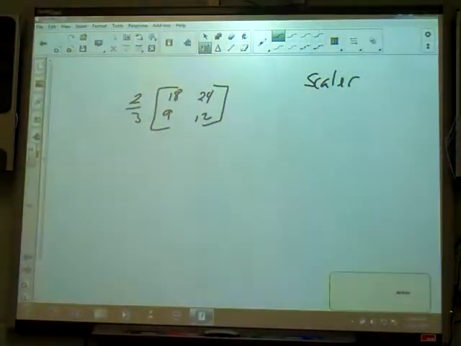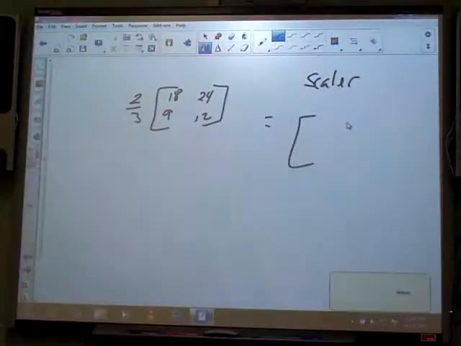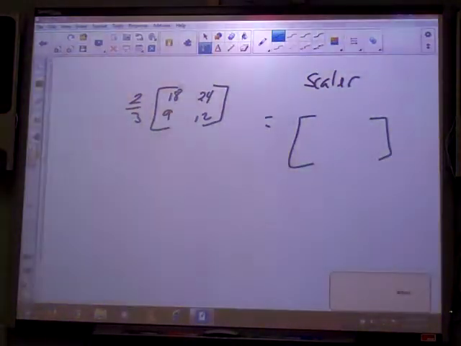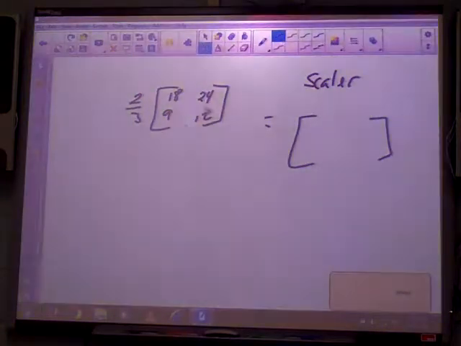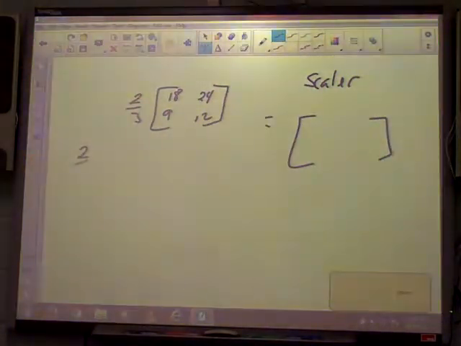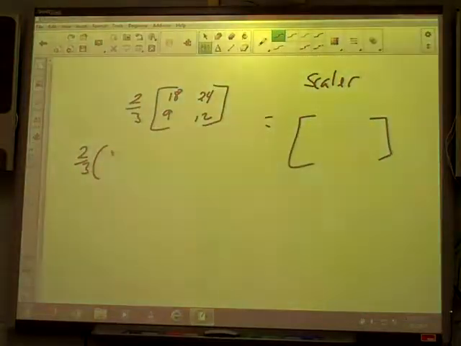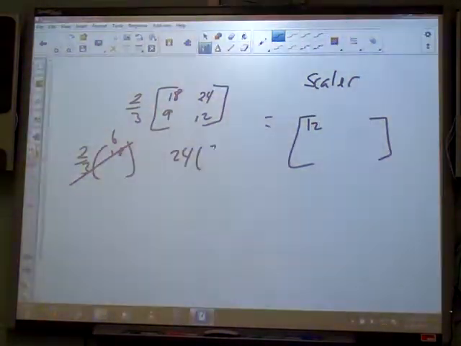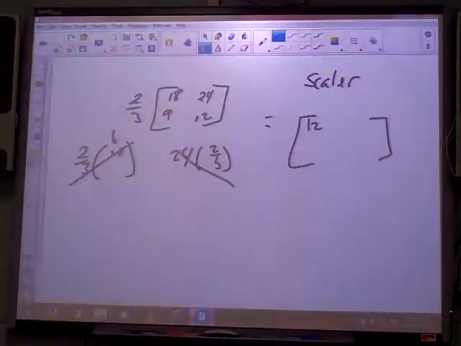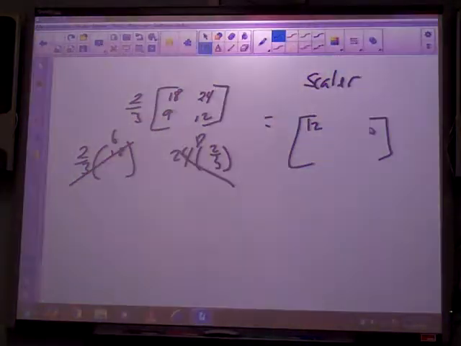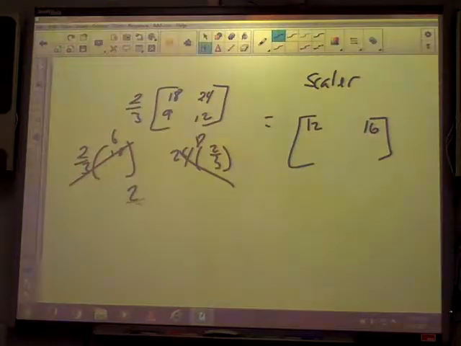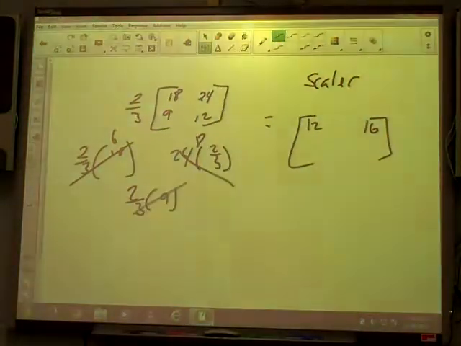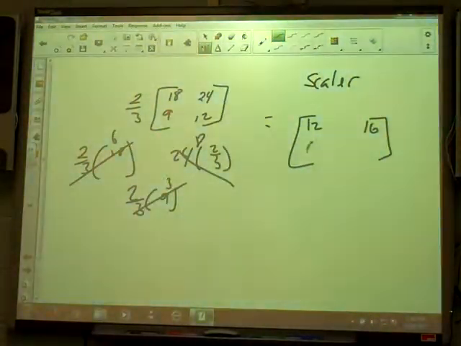These are all multiples of 3, so they are easy to multiply. I'm going to do a quick fraction review for you. 2/3 times 18: 18 over 3 is 6, so that's just 2 times 6. 24 times 2/3: 24 over 3 is 8, so that's just 8 times 2. 2/3 times 9: 9 over 3 is 3, so that's just 3 times 2.